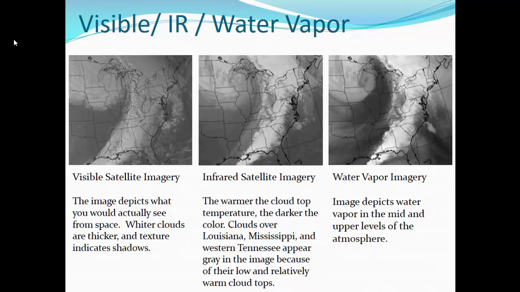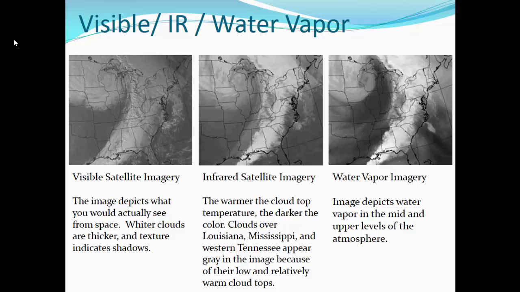So if you look at this line stretching from the eastern Great Lakes down into western parts of Ohio and then into central Kentucky and into Tennessee, you can see all that texture. That's literally the texture of the thunderstorms, where the high tops of the thunderstorms are casting shadows on the clouds out ahead of them. And you also see some of that texture down in parts of Alabama and Mississippi.